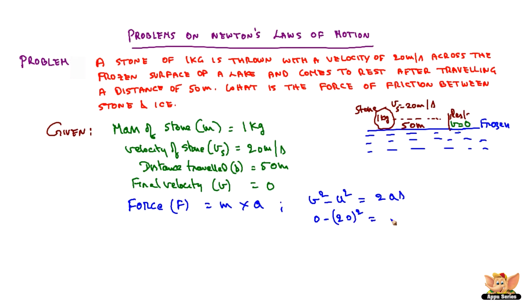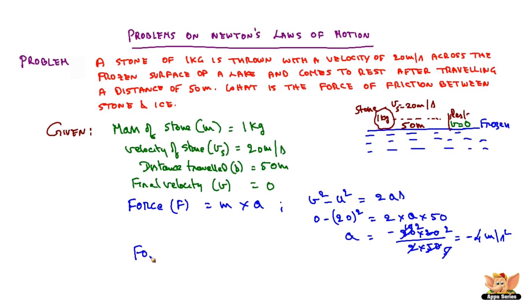So 20 square, which is 2 into A unknown, and S is 50 meters. Hence A is equal to minus 20 into 20 by 2 into 50. So 2 tens and 10 twos, 10 fives and 5 twos, which becomes minus 4 meter per second square.